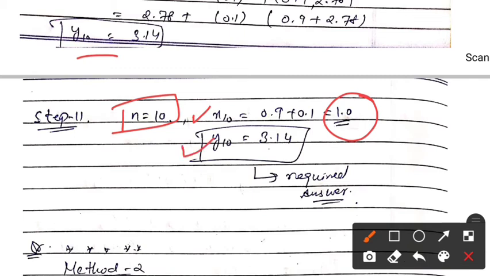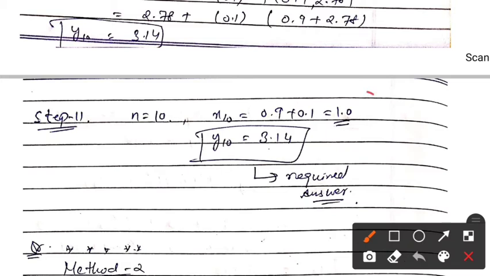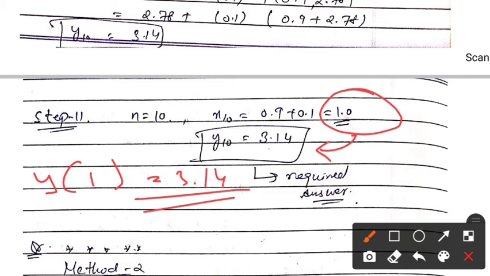You have to find the value for x equal to 1 according to your given question. Okay, so here you have obtained this value x equal to 1, and for that your value is 3.14. So you can say y of 1 equal to 3.14. This is your final answer.